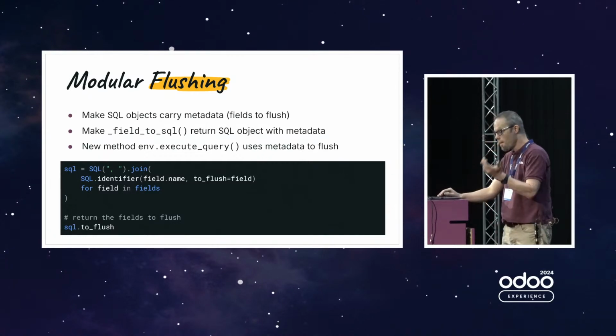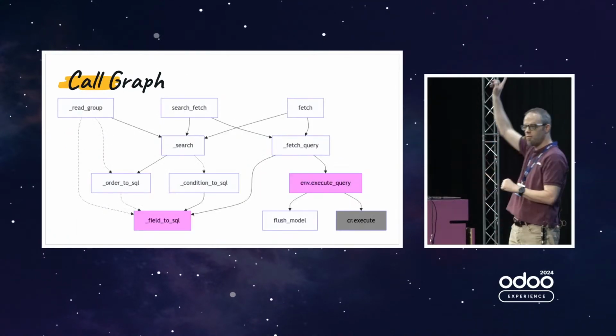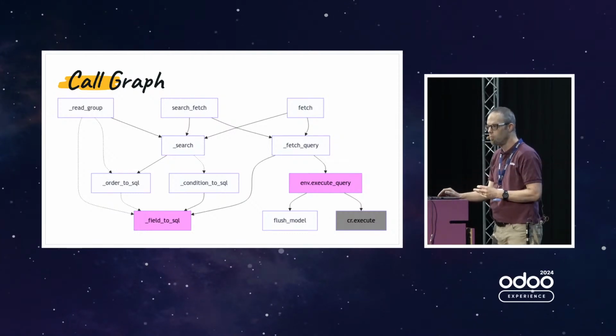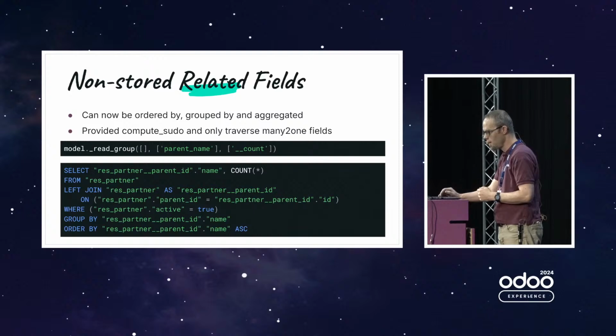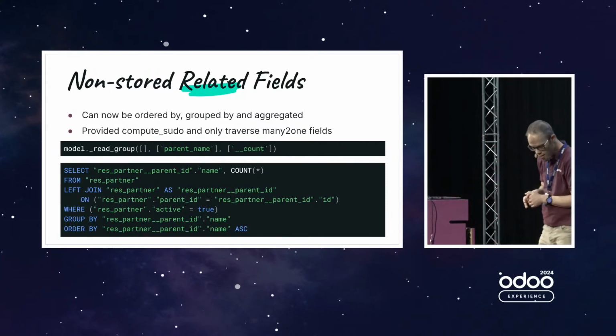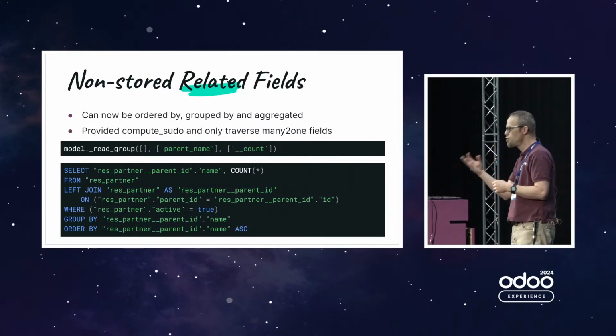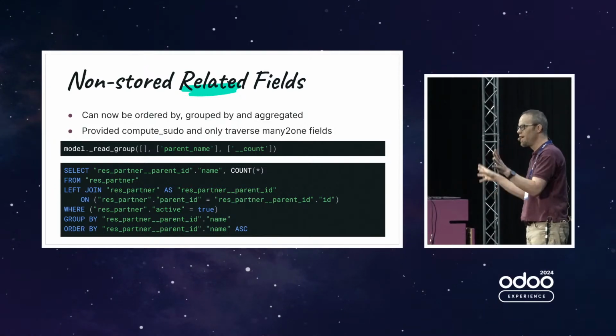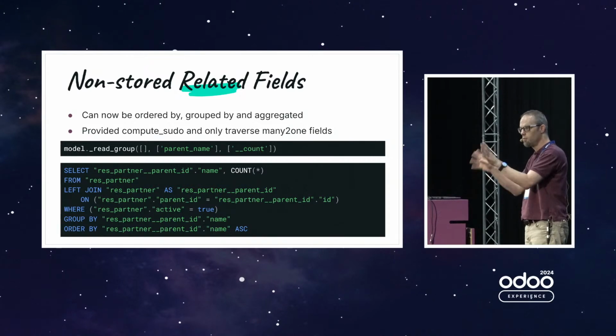Okay, so that method we've introduced, field to SQL, actually enabled a bunch of things, and one of them is to handle non-stored related fields as a plain SQL computation.